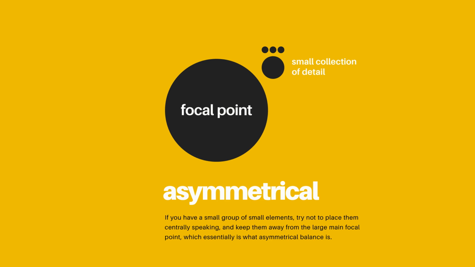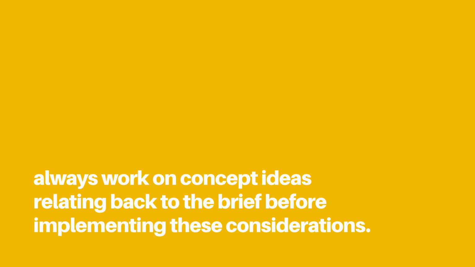So if you have a group of small elements, try not to place them centrally on the logo, and try and keep them away from the large main focal point, which essentially is just what asymmetrical design is all about. Also, I do think it's wise to not consider grid systems too early on in the logo design process. Always work on concepts and ideas that relate back to the brief before you implement things like grids and so forth.